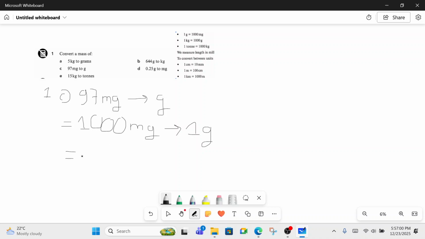So 97 divided by 1000 should give us an answer of 0.097 grams.